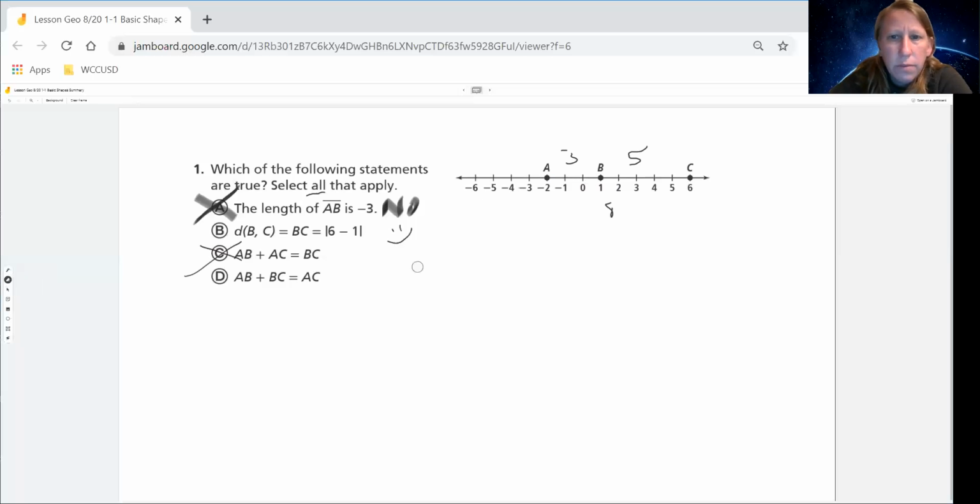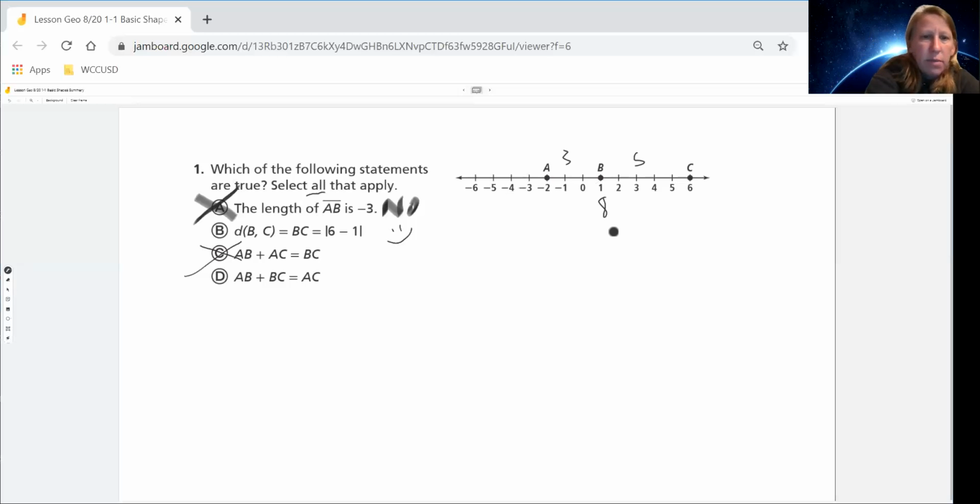Let's look at the last one. Does AB, so the distance between A and B, which is 3, plus BC, the distance between B and C, which is 5, does 3 plus 5 equal the distance between A and C? Well, from A to C is 8. So does 3 plus 5 equal 8? Yes.